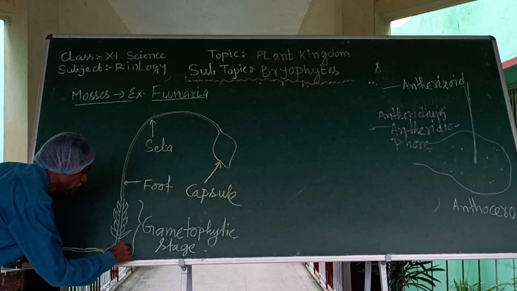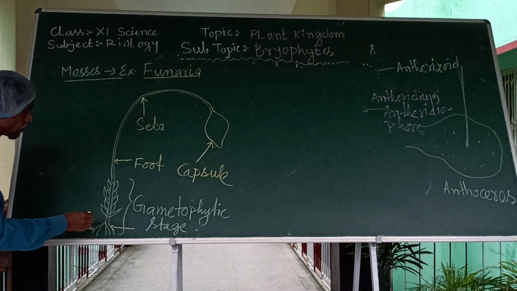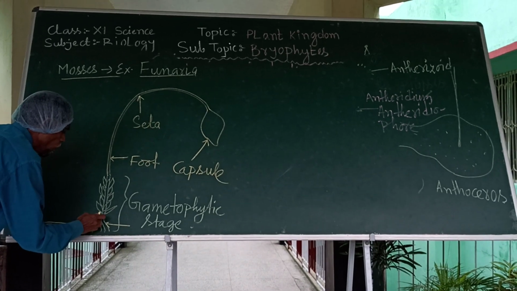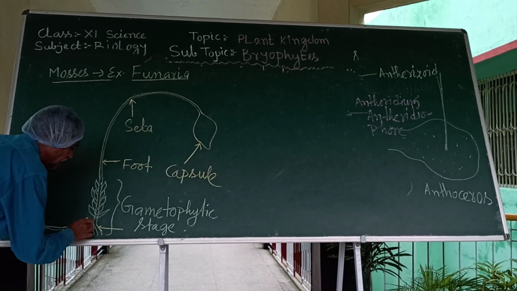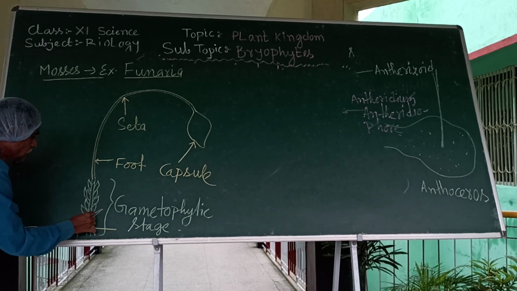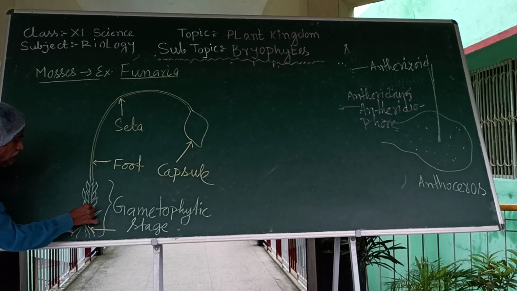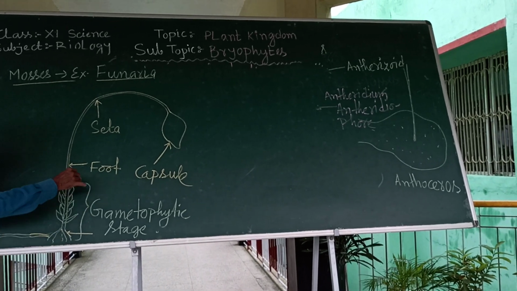This is holding the rock surface, and over the root-like rhizoid, this is the rhizoid. It is having a stem-like stalk. Around the stem-like stalk, the leaf-like appendages are developed spirally.